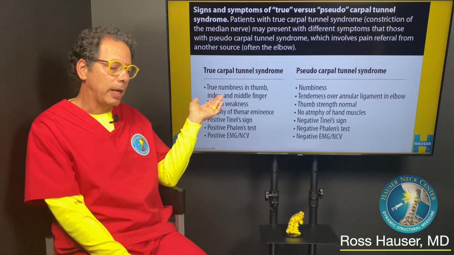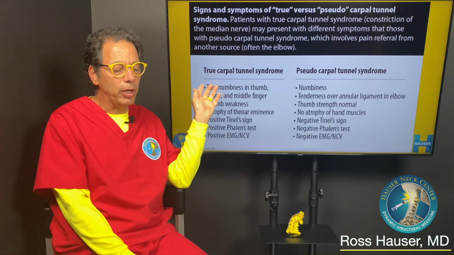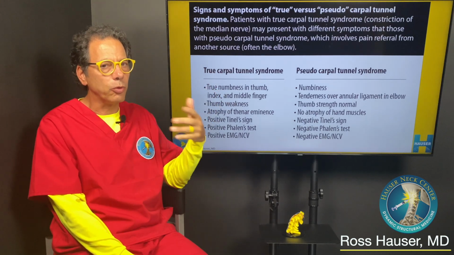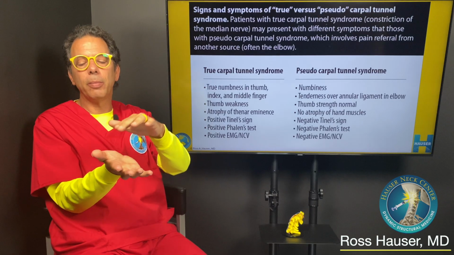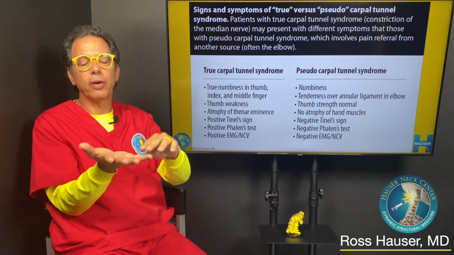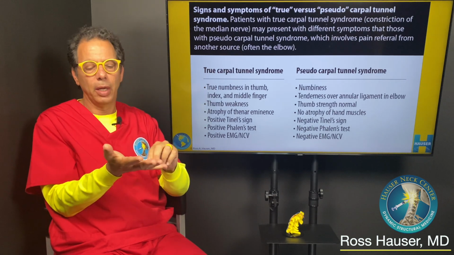I like this one because it distinguishes true carpal tunnel syndrome from pseudo carpal tunnel syndrome. With true carpal tunnel syndrome, what's first affected is the outside of the median nerve, so you get numbness typically in the thumb, index, and middle finger, not in the little finger.